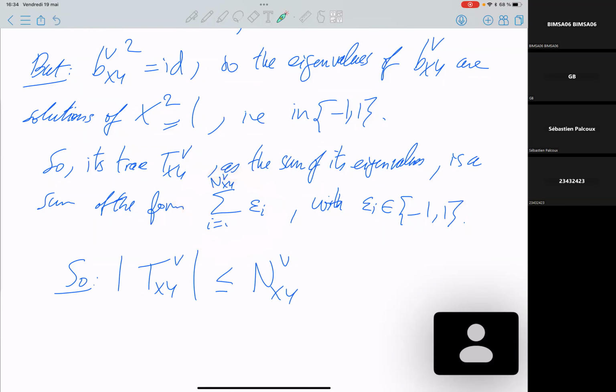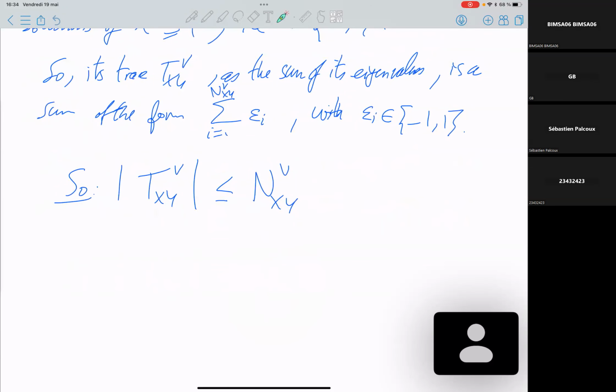So it is between minus N_{XY}^V to N_{XY}^V. This sum is in between.